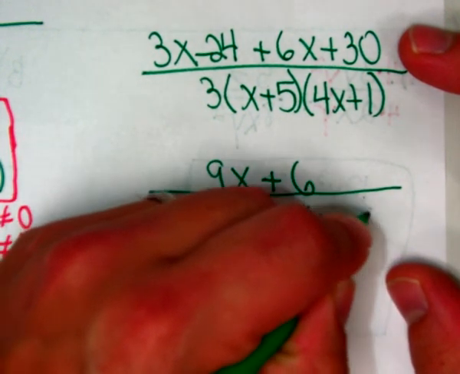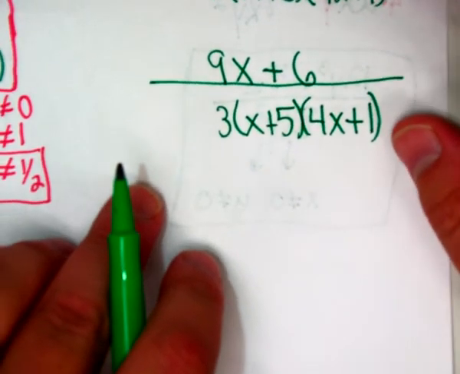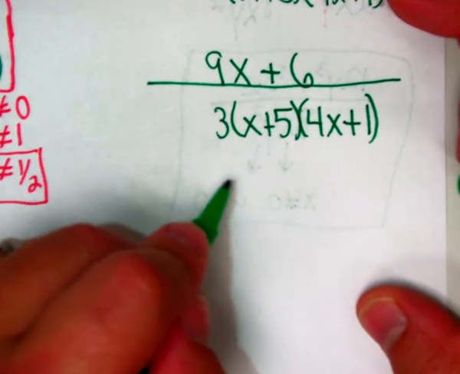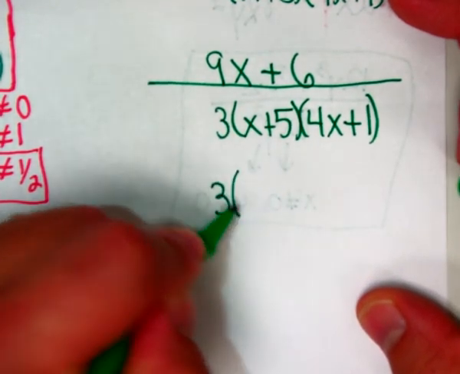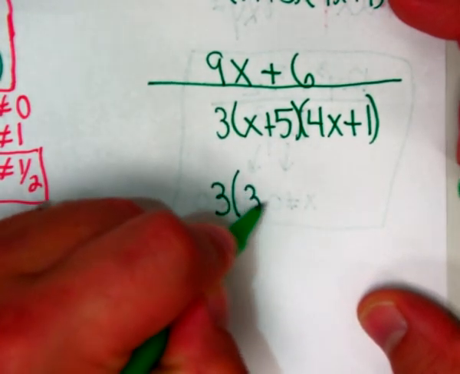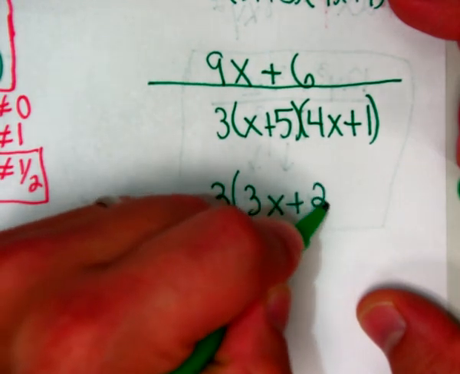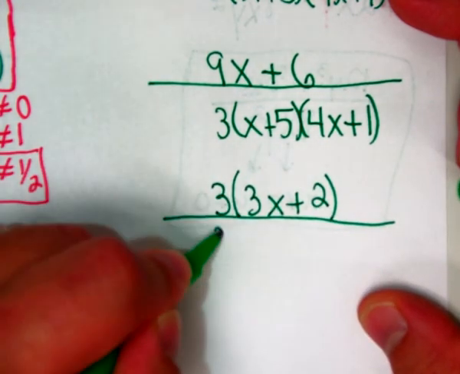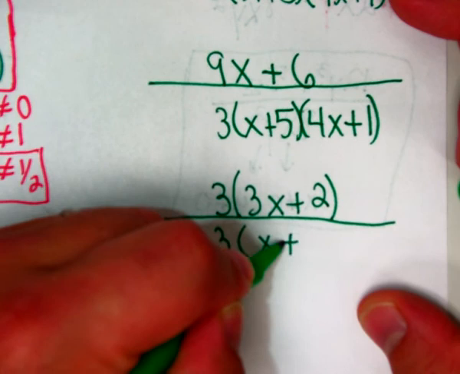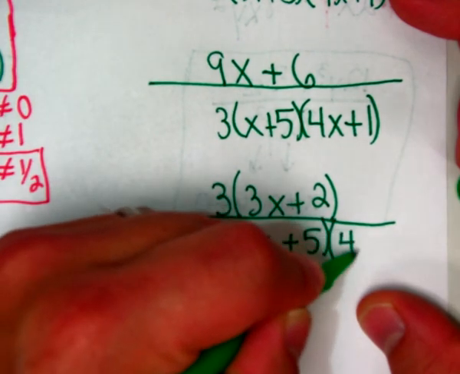And then just for the heck of it, if you can factor the numerator, let's always try to factor the numerator. We could take out a 3 from the numerator. We have 3 times 3x plus 2 over 3 times x plus 5 times 4x plus 1.